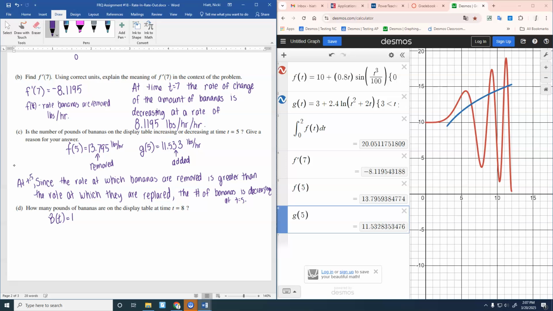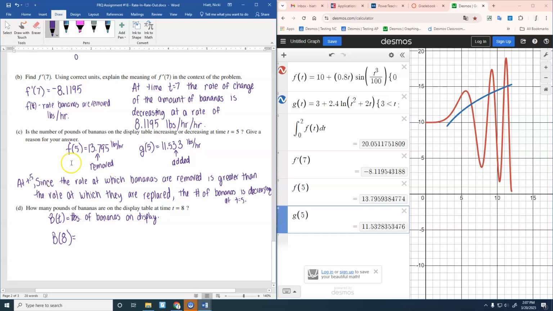So this is pounds of bananas on display. So what would our equation look like here? And actually, I'm not going to do B of t, I'm going to do B of 8 because they only asked us about 8. Yep, that's going to be part of it.